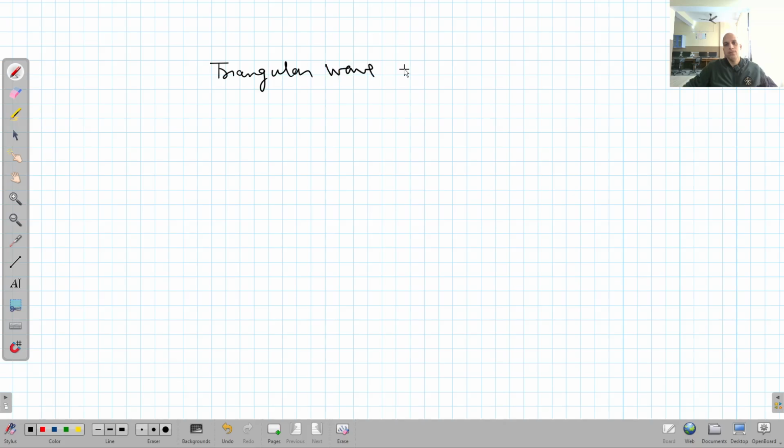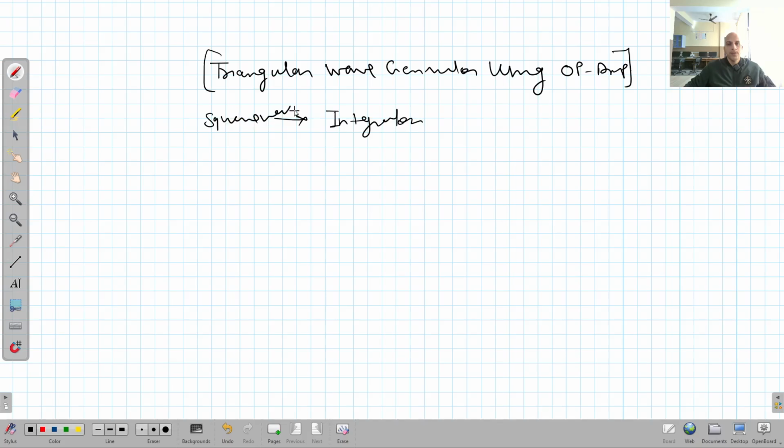You might have remembered that in case of an integrator circuit, if the input of the integrator is a square wave, then its output is a triangular wave. We have seen it in the case of the integrator.